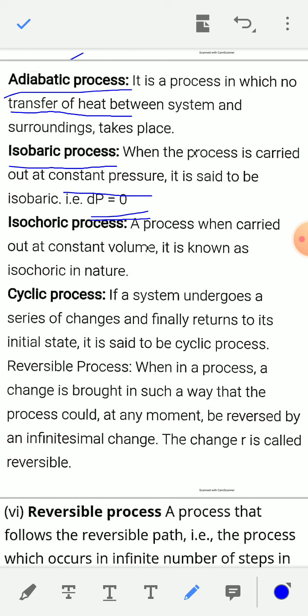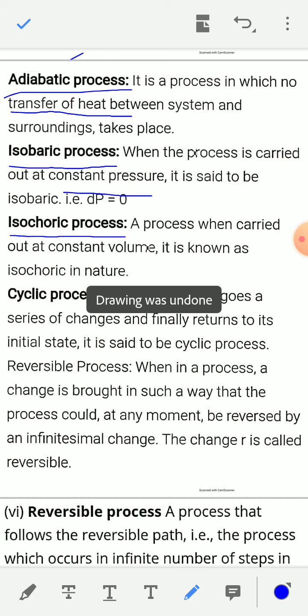So when the process is carried out at constant pressure, it is said to be an isobaric process. Examples of isobaric process: boiling of water, freezing of ice. All these processes are isobaric at constant pressure, and the constant pressure is 1 atm. Now isochoric process. Iso means same, choric means volume. Isochoric, volume constant.